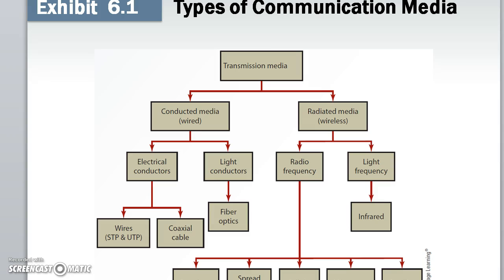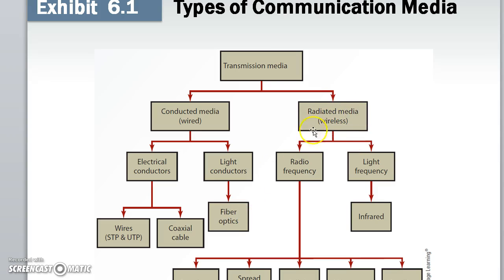Let's look at the communication media. Communication media, or channels, connect sender and receiver devices. They can be conducted or radiated. We have conducted media, or another word, wired media, and then we have the wireless or radiated media. Conducted media provides a physical path along which signals are transmitted, including twisted pair cable, coaxial cable, and fiber optic cables.